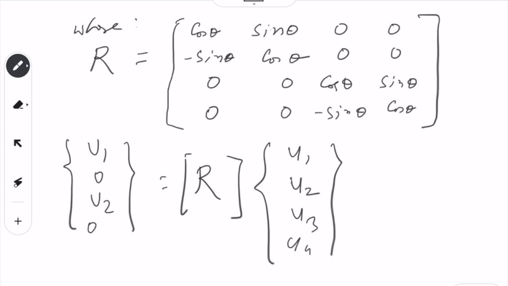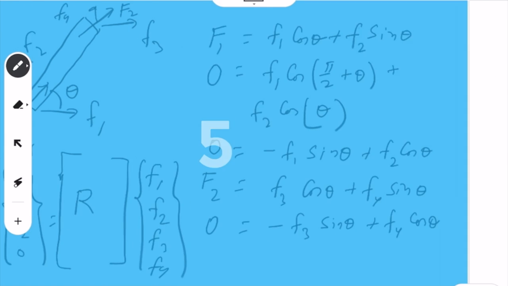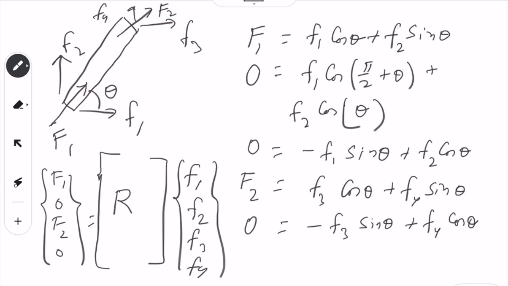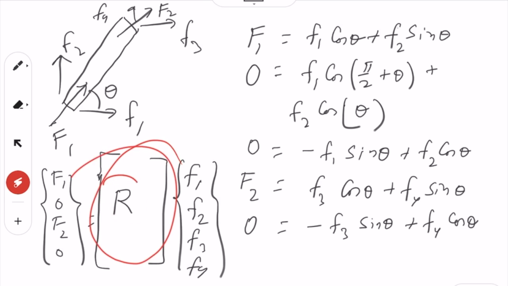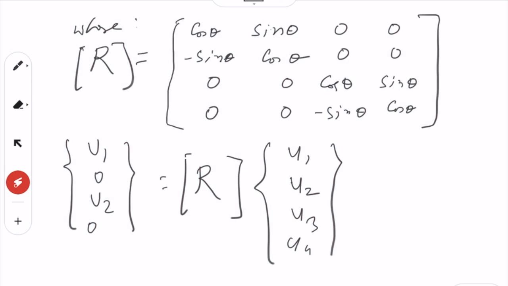Now maybe I write R within curly brackets, so that it's more consistent. So this becomes equal to this, and we have this relationship.